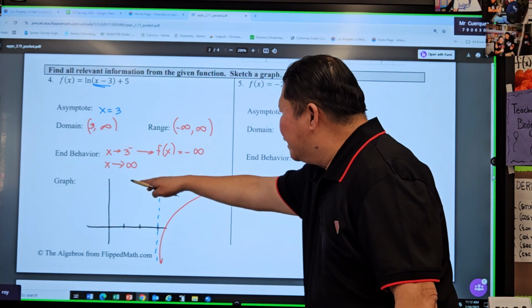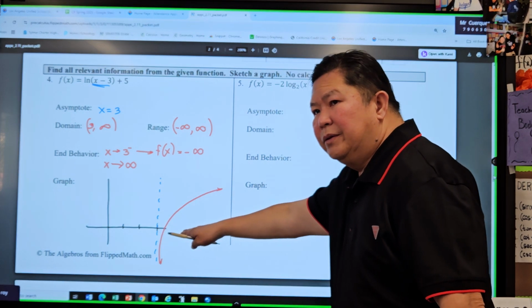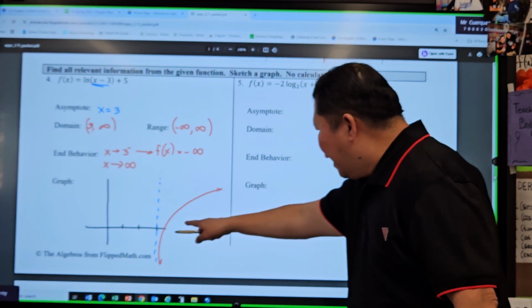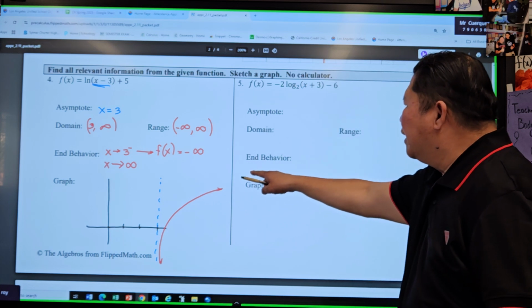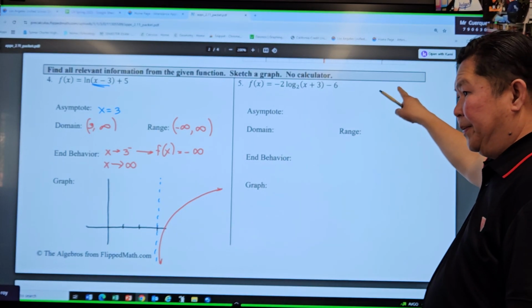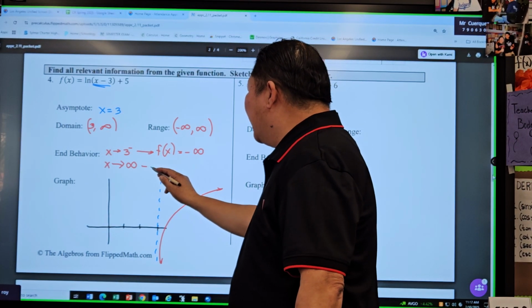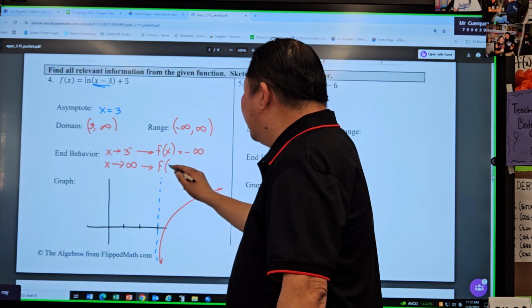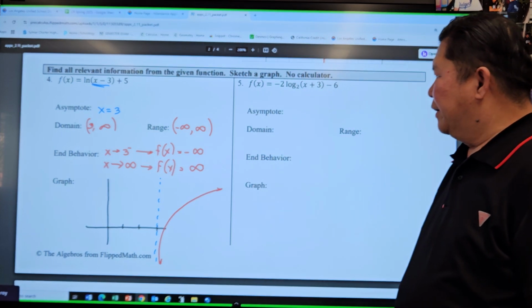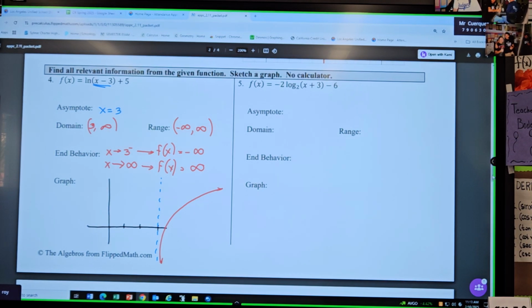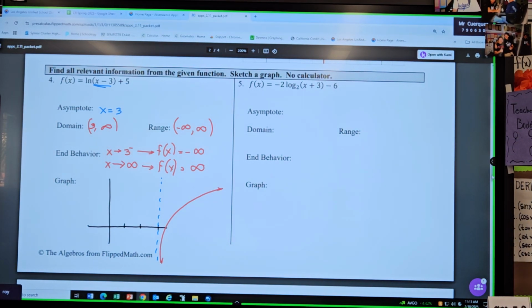If we take x to 1 million, what happens to the function? The function goes up. So which means f of x is positive infinity. Okay, is number 1 clear?